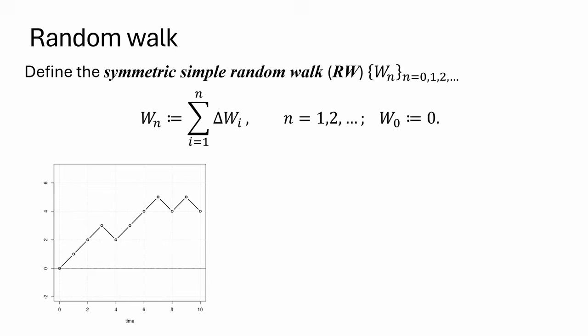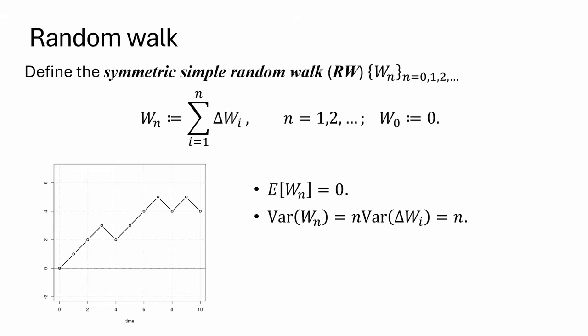And here's a sample path of the simple random walk. At each step, it either goes up or down by 1 unit. And we can quickly deduce some basic properties of the random walk. First, the mean of Wn is 0, because the average of each step is 0. The variance of Wn is n times the variance of each step, which is equal to n.